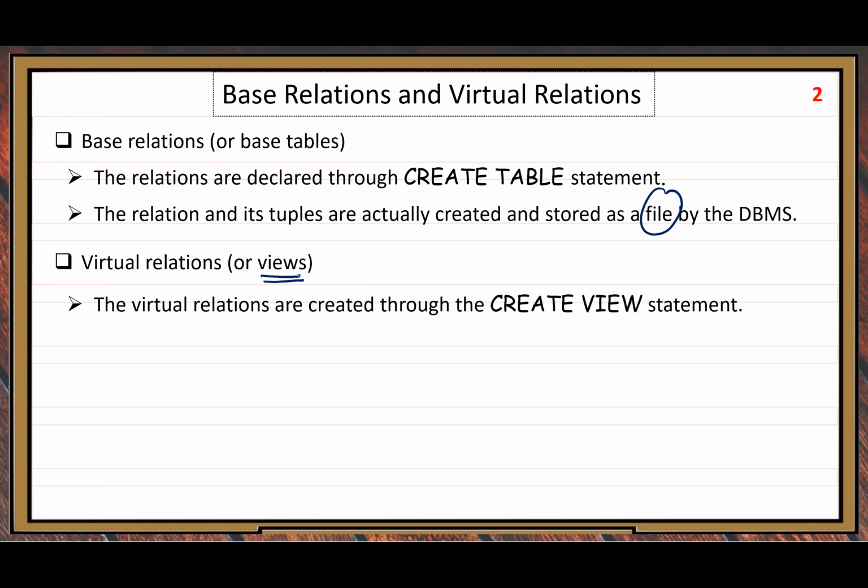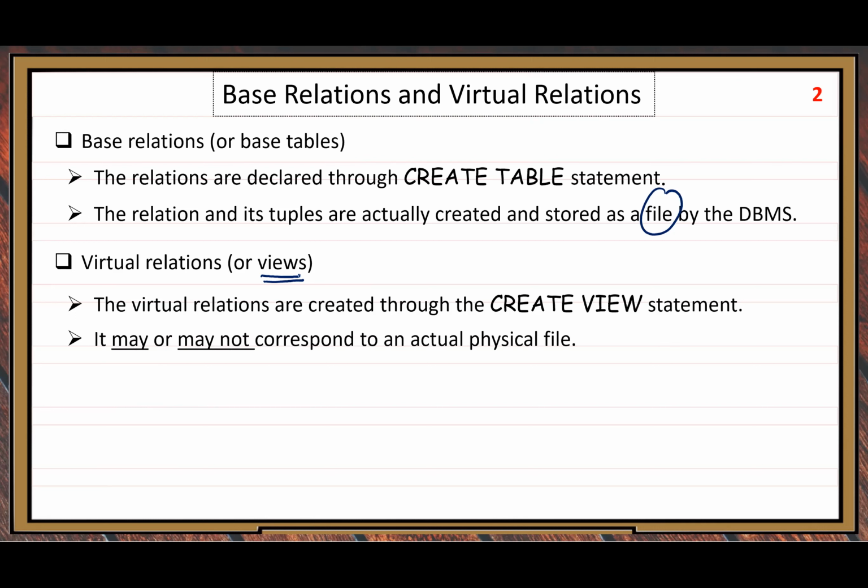Table, view, the structure is pretty much the same, but one is physical, one is virtual. That's the main difference. Last time I spent a lot of time explaining why we need virtual tables, right? There are a lot of reasons we may need virtual tables.